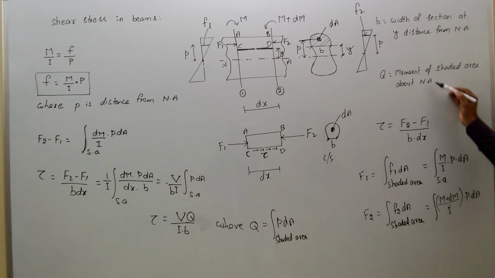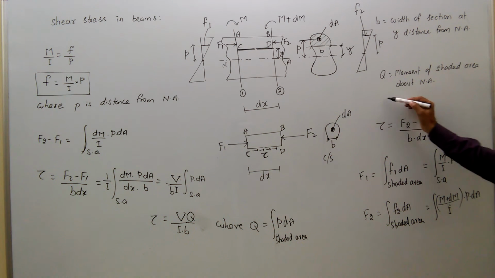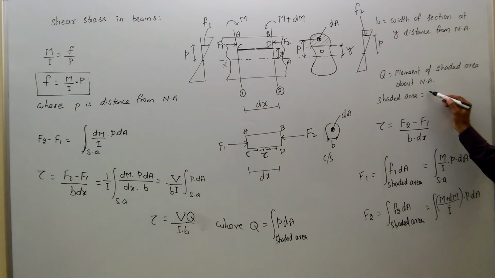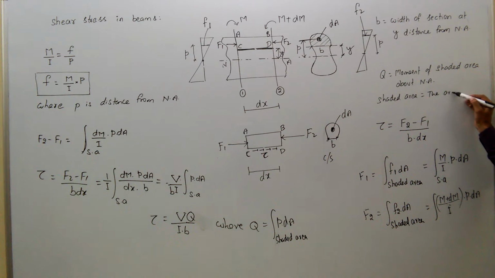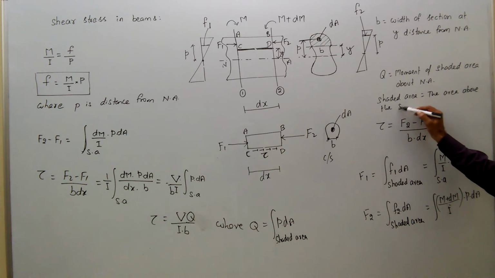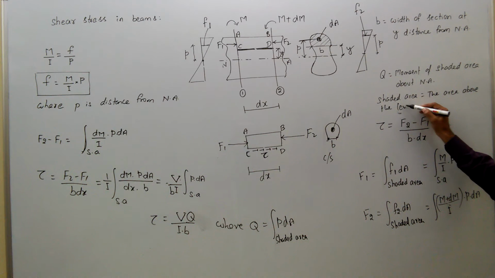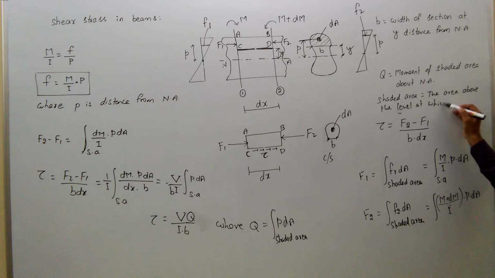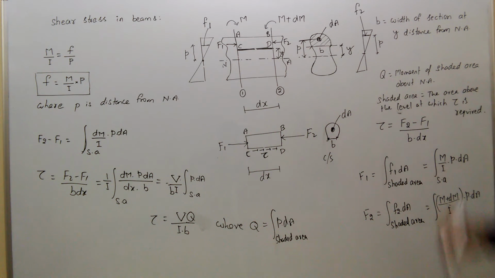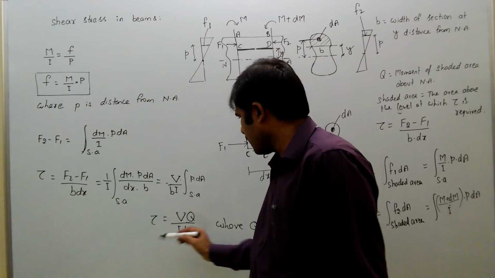What is the shaded area? The shaded area equals the area above the section, above the level at which tau is required. So like that we can find the shear stress at any level.